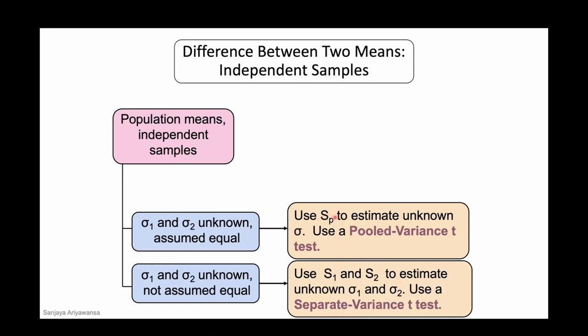Why are we using only one particular sample standard deviation to estimate sigma? Because sigma 1 and sigma 2 are assumed equal in this scenario. When they are not assumed to be equal, you use two sample standard deviations, S1 and S2, in which case you use the separate variance t-test.